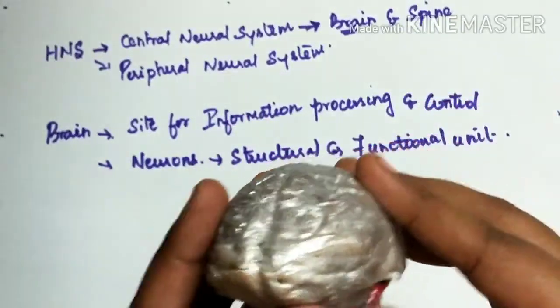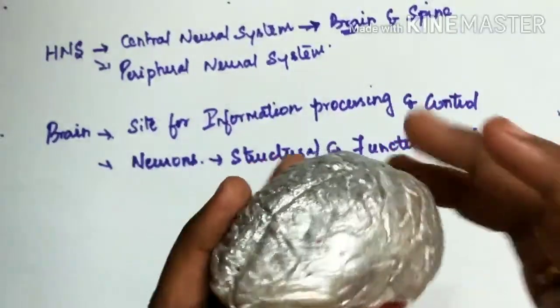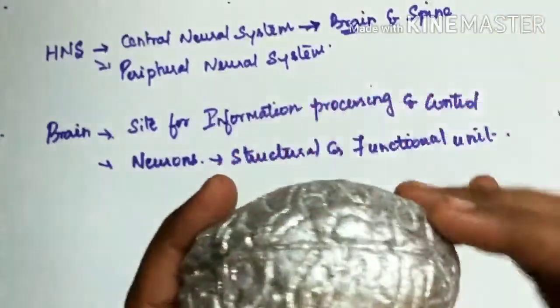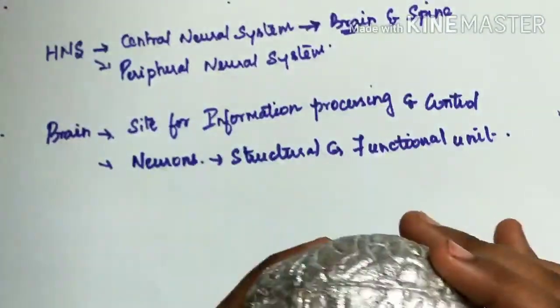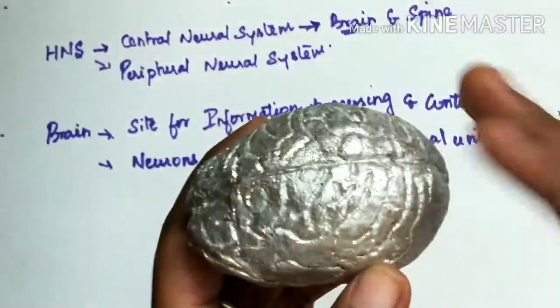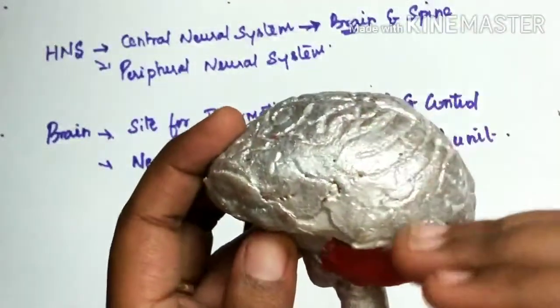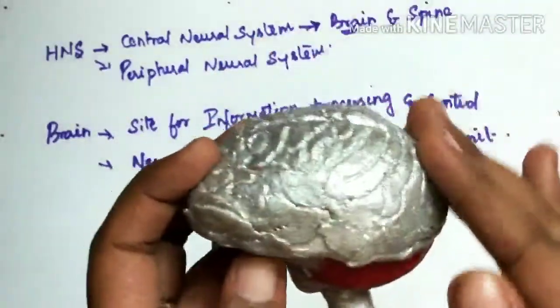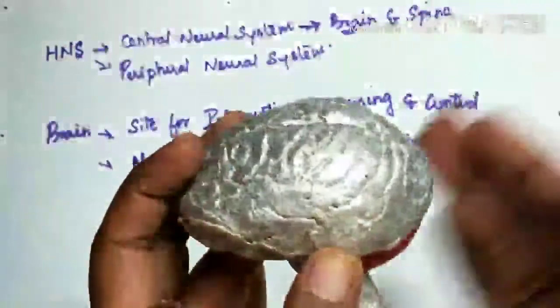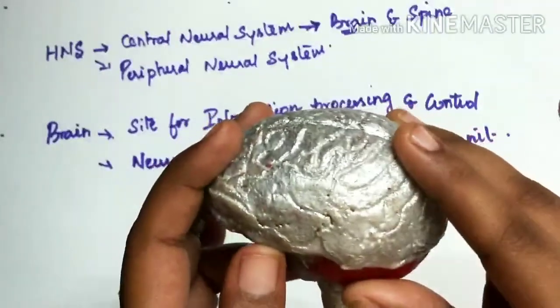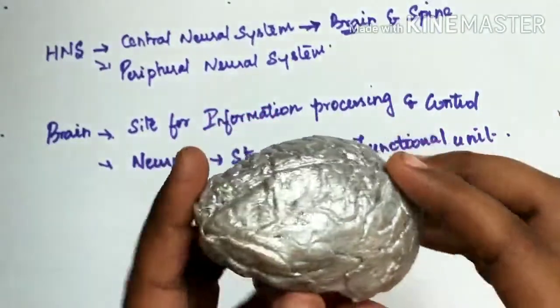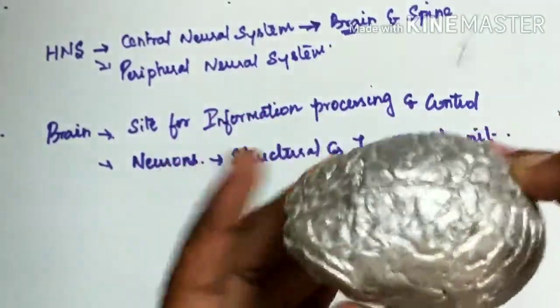Our brain controls all the functions of our body, and it is protected by the skull, followed by three meningeal layers, the cerebral meninges, and then the cerebrospinal fluid. The cerebrospinal fluid flows around the brain, providing a cushion effect.